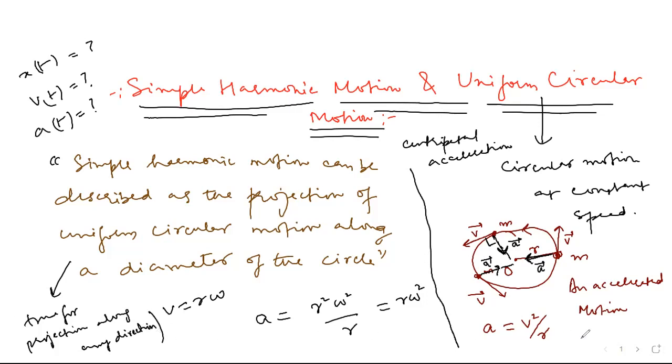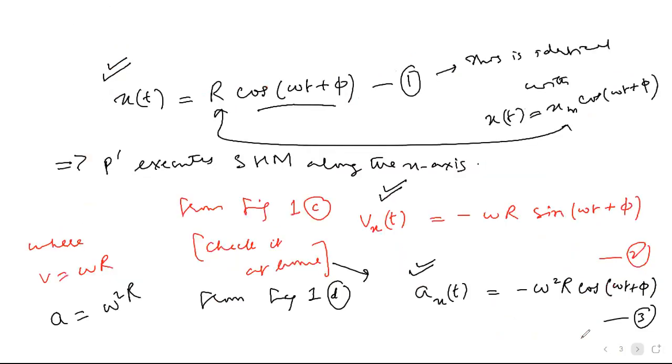So in general terms, once you set up a circle, uniform circular motion, with some particle P going in a circular fashion at constant speed, if you take any line in the plane of the circle and see its projection on that line, that will execute simple harmonic motion.